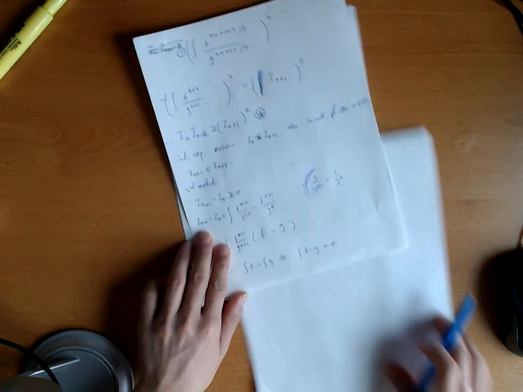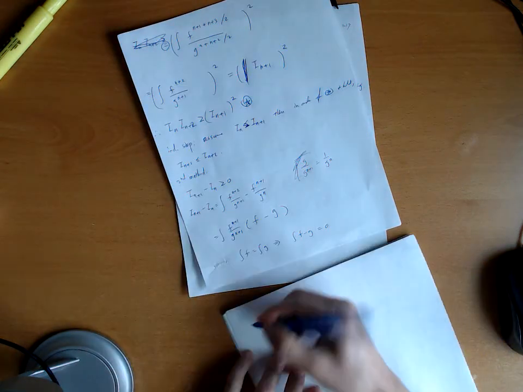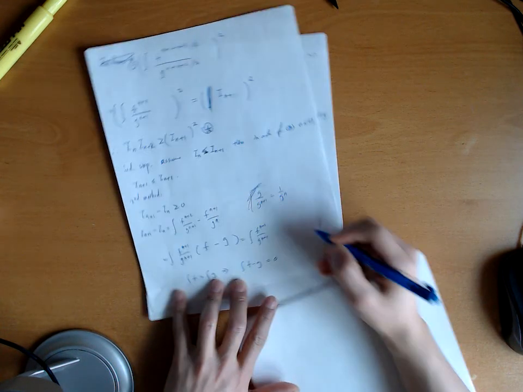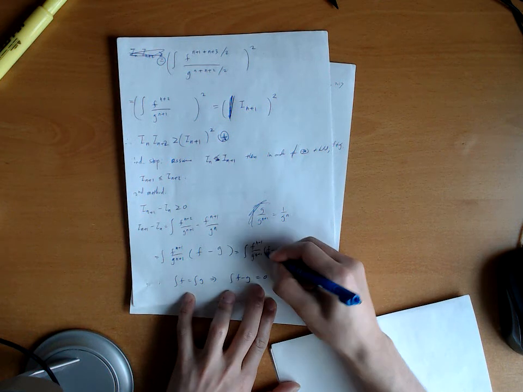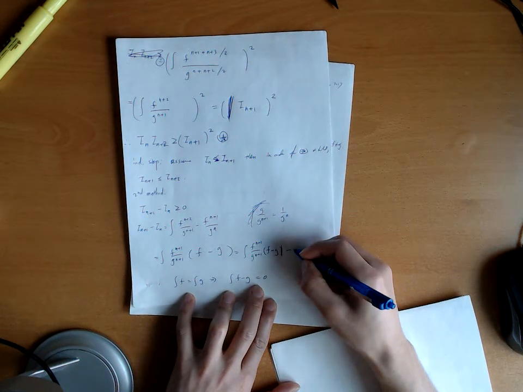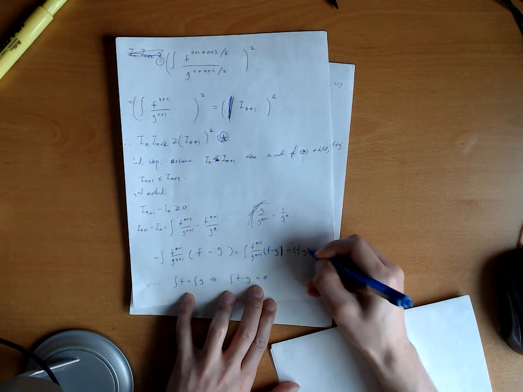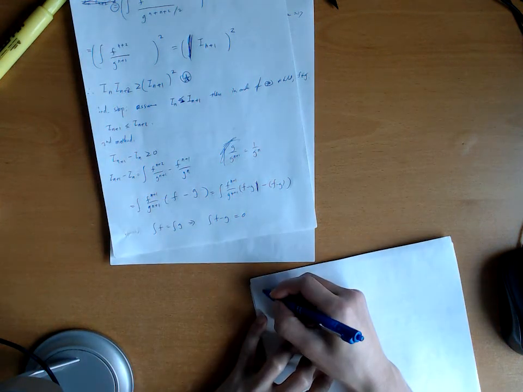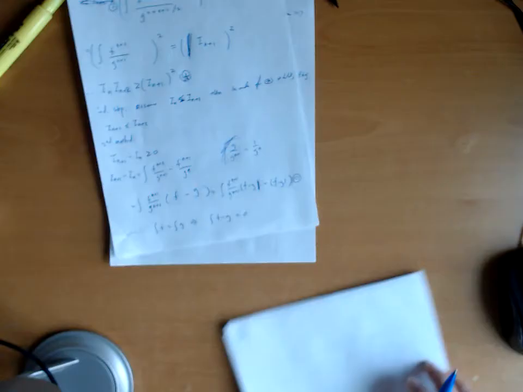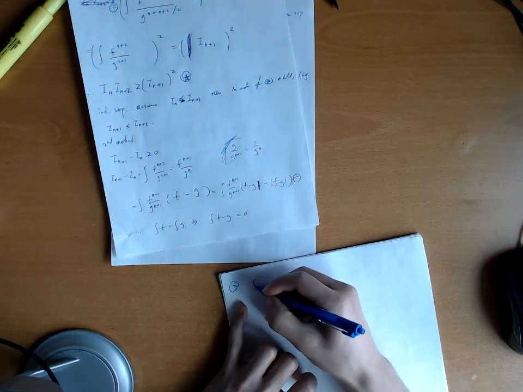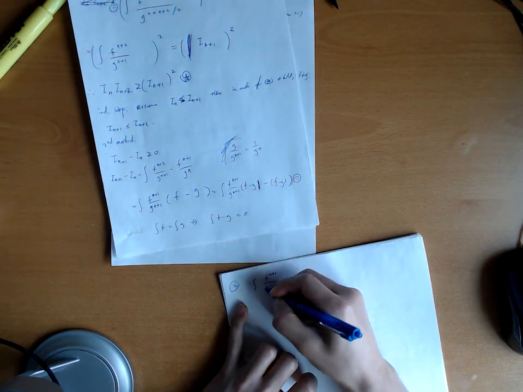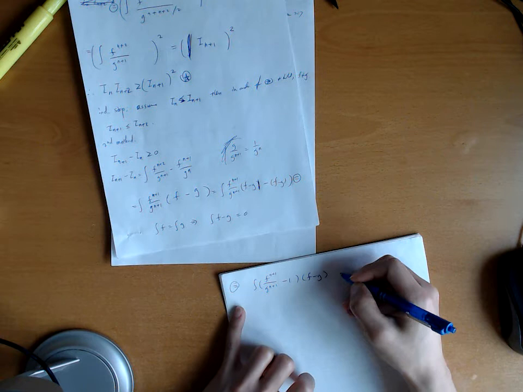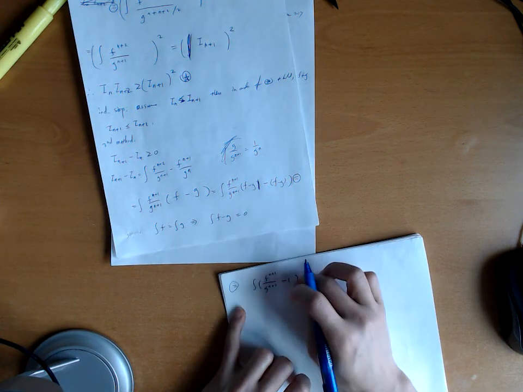But what we can do now is we can say this is, oh sorry, g times f minus g. It doesn't change anything because this is 0, so this becomes... okay.